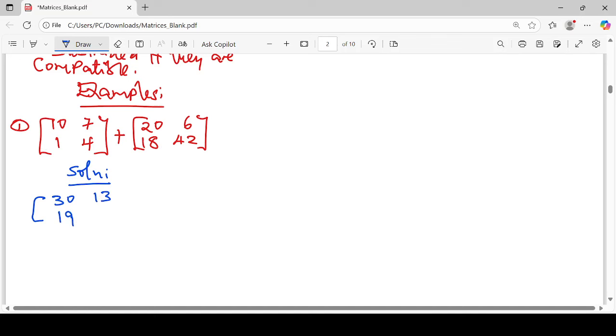Then finally you have 4 plus 42, that's going to give you 46. So your answer, when you combine those two matrices, you are going to get that as your matrix. So when you add or subtract matrices, the resultant answer you get should be of the same order as the individual matrices.